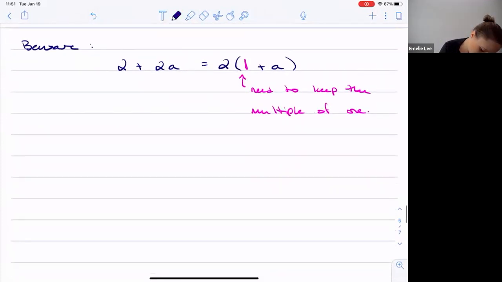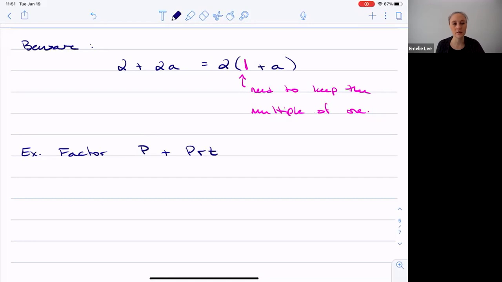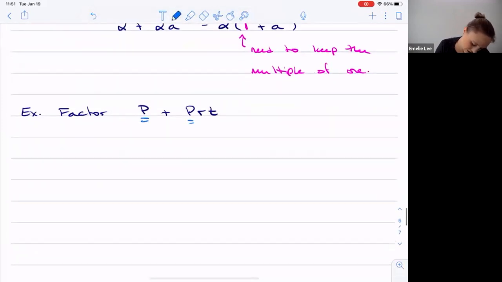So for example, what if we have to factor P plus PRT? This is going to come up later once we get into interest problems, right? But here I'm seeing a common multiple of P, and I've got that exact situation.